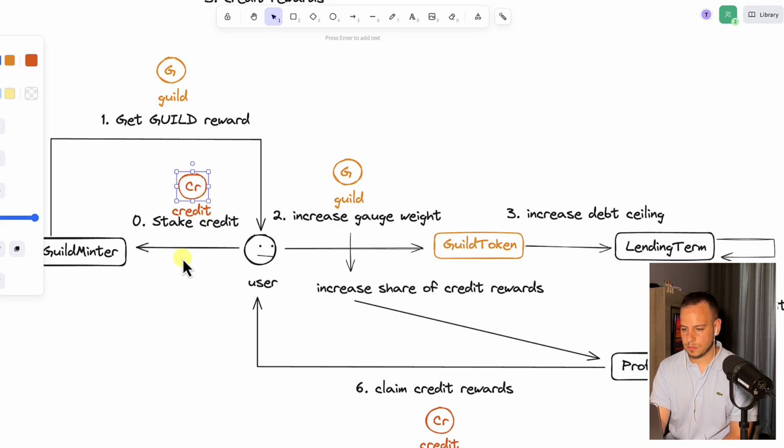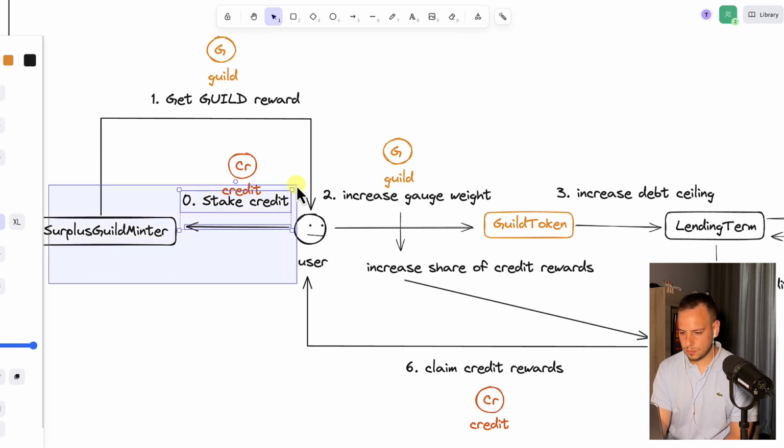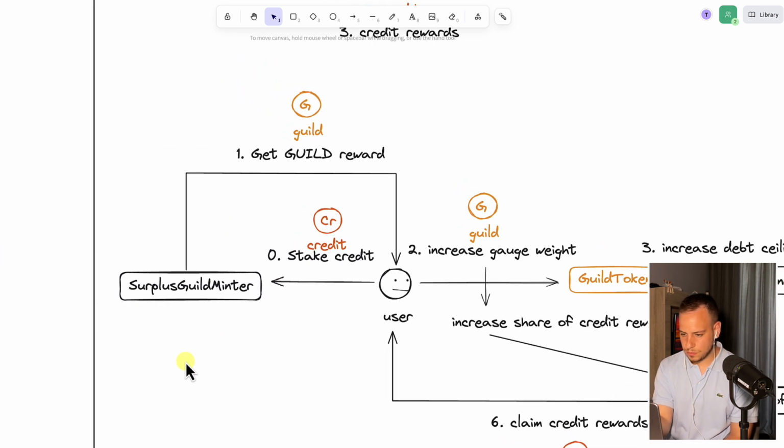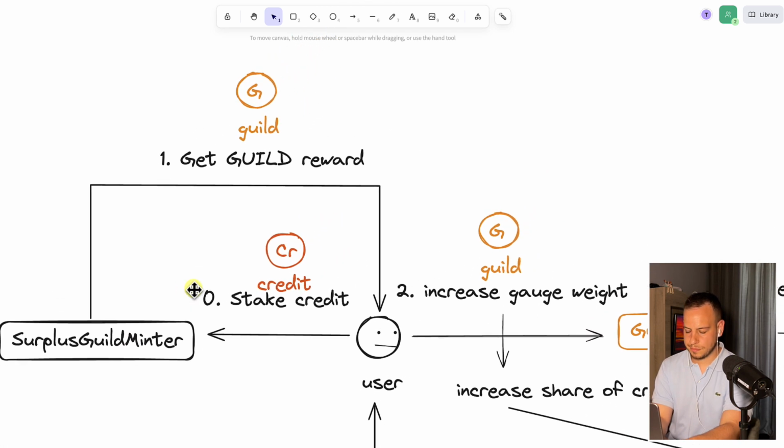So a user has credit tokens. If he wants guild tokens, he would stake his credit tokens into a contract called Surplus Guild Minter. Surplus Guild Minter will, over time, assuming that the lending term is doing well, give the user back more guild tokens.